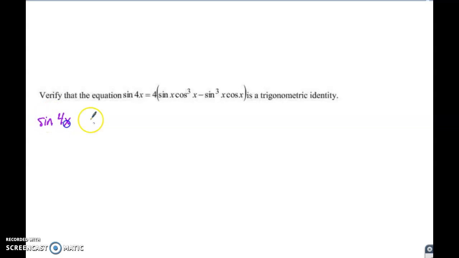This is my opinion. Because I'm thinking about sine of 4x as sine of 2 times 2x. And the reason why I'm bringing that to your attention is because 2x is now the angle, and I'm doubling that. So if I go back to my formula sheet where it said sine of 2 theta, and it was 2 sine of theta cosine of theta, well, now my theta is that 2x piece.